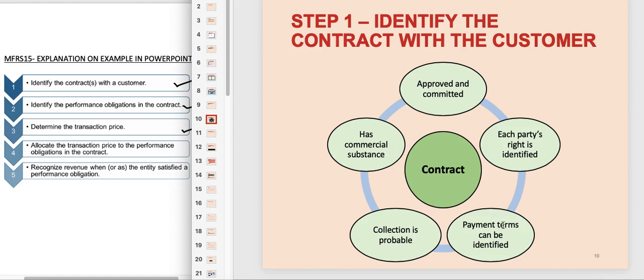And then you can identify how the entity will receive payment from the customer, that the collection is probable, and that the contract has a commercial substance. These are the 5 features to see that a contract exists.